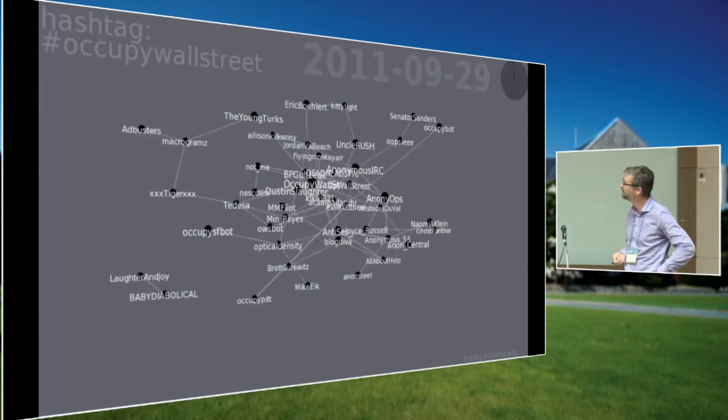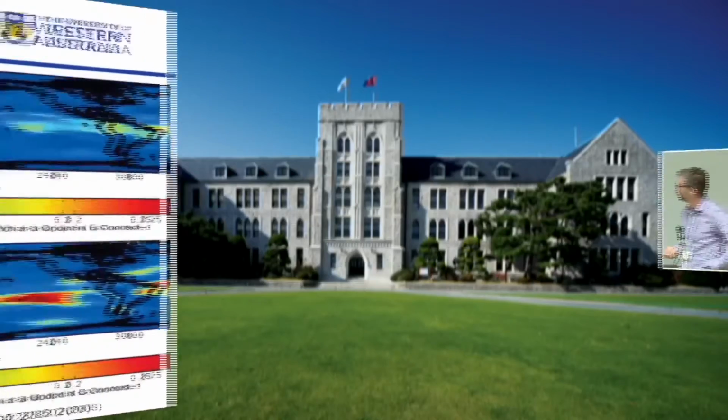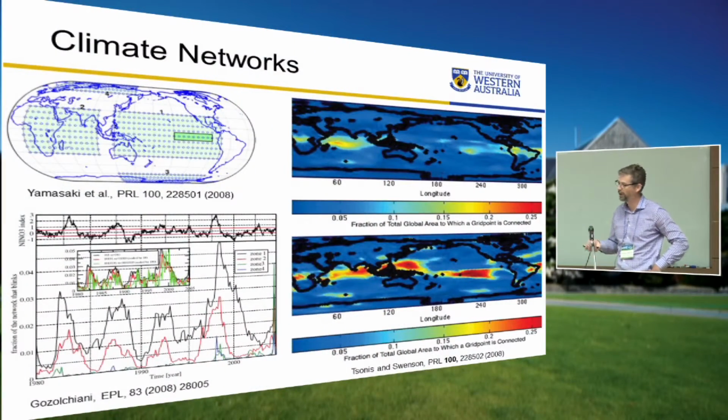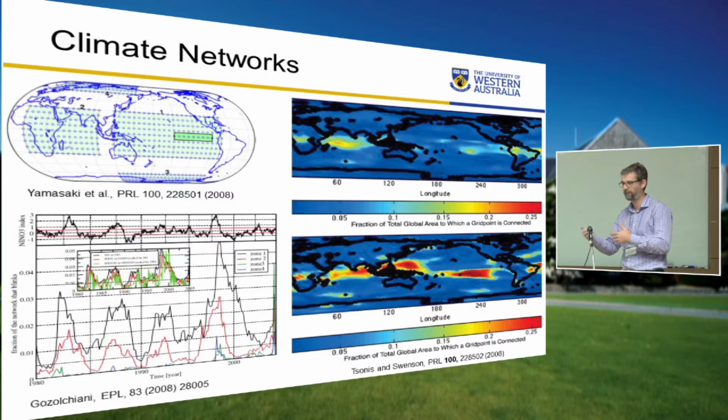And there's another set of networks that I'd like to introduce you to if you haven't seen them before. It's climate networks. And instead of having physical links or direct links, it's a bit more like the social network. There's a correlation of relationships.